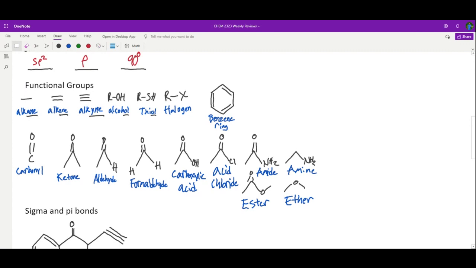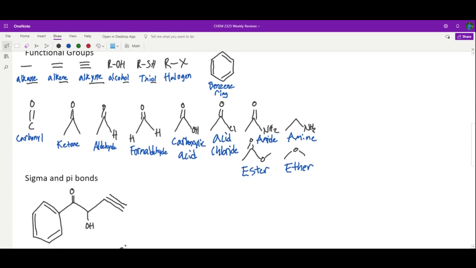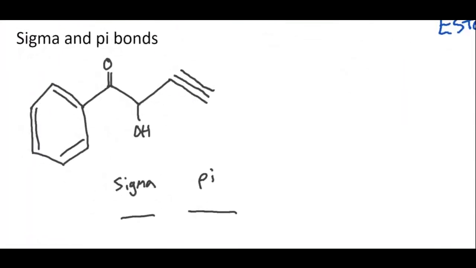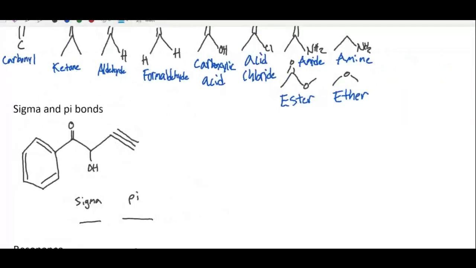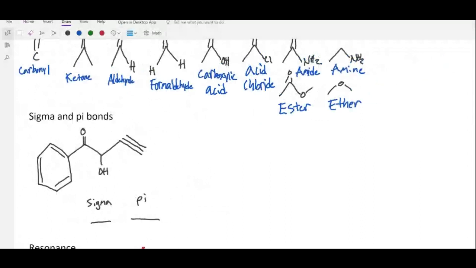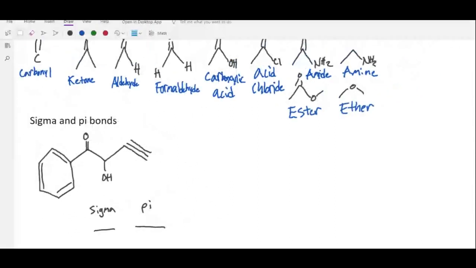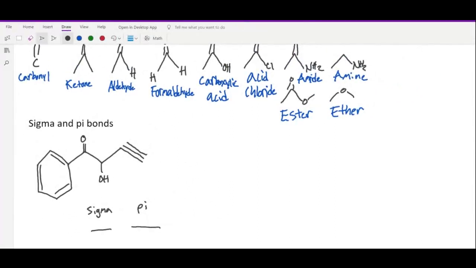All right. So moving on to sigma and pi bonds. I want you guys to take a minute and tell me how many sigma bonds this molecule has and how many pi bonds this molecule has.